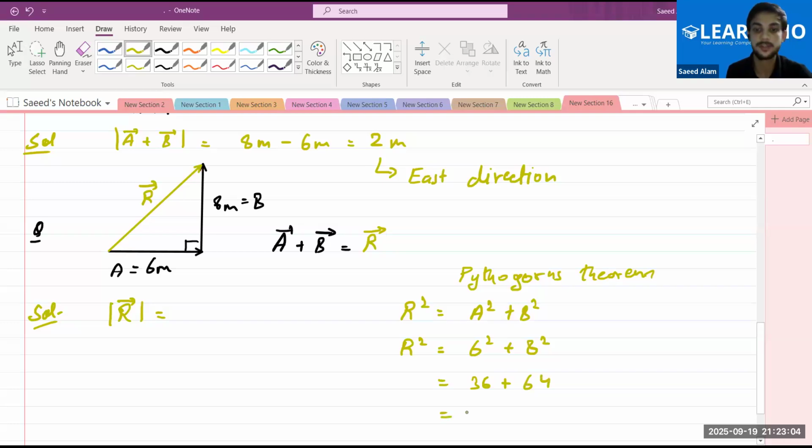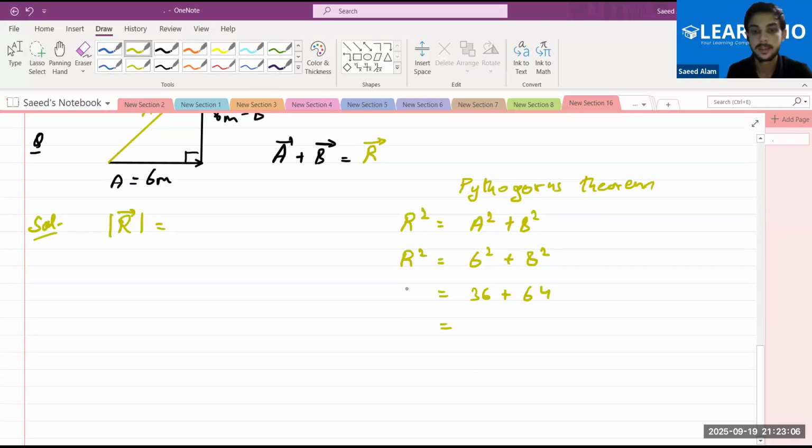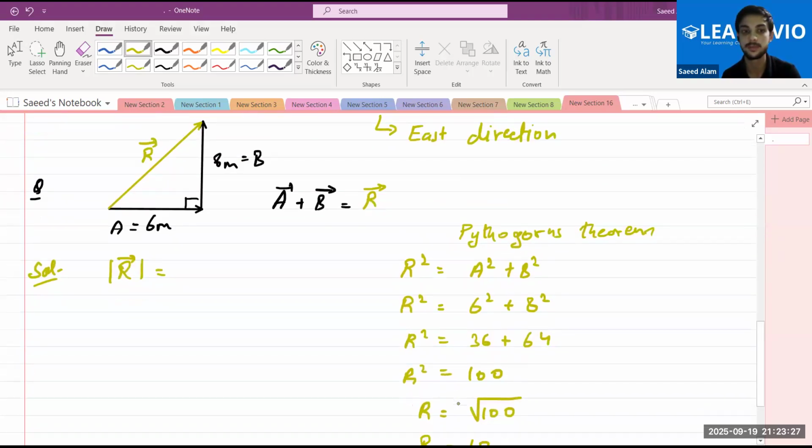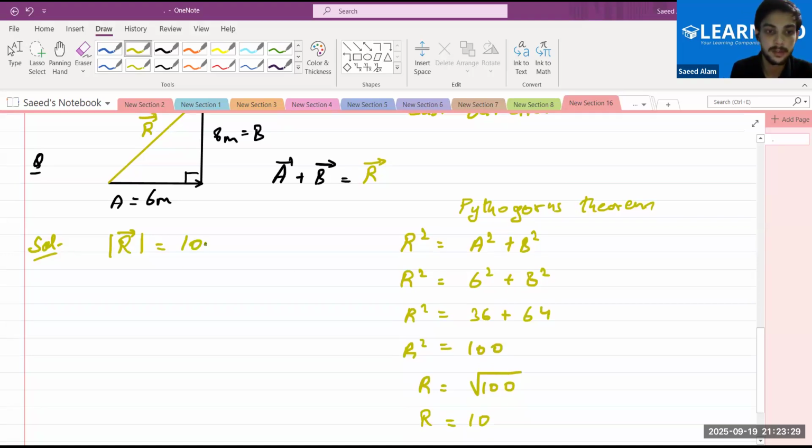What will be the sum of these two? 100. So r will be equal to under root of 100, which is 10. So finally, the resultant is going to be 10 this time. Yes or no? Yes. Resultant is going to be 10 this time.